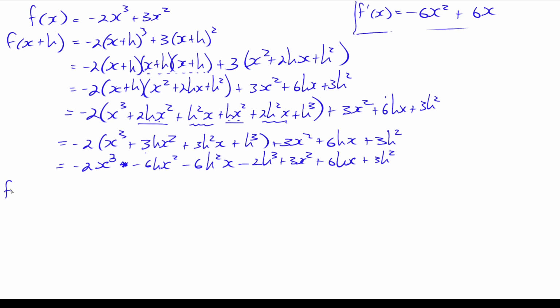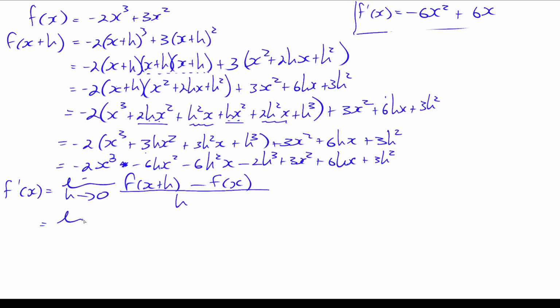All right, now we substitute that in. The limit as h tends to 0 of f of x plus h minus f of x, over h, and here we go. Oh my goodness, this is going to be a lot of writing.